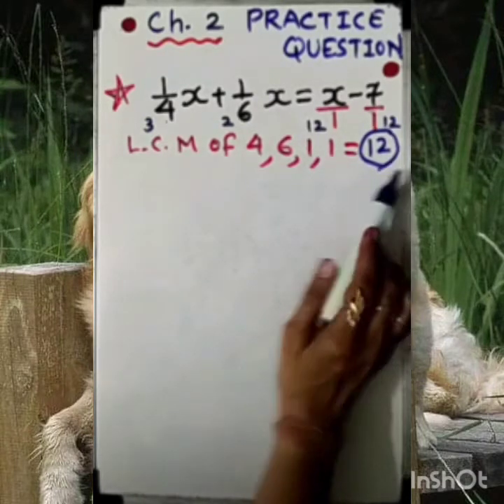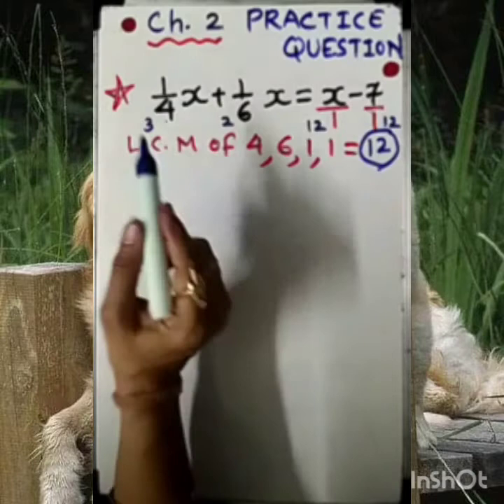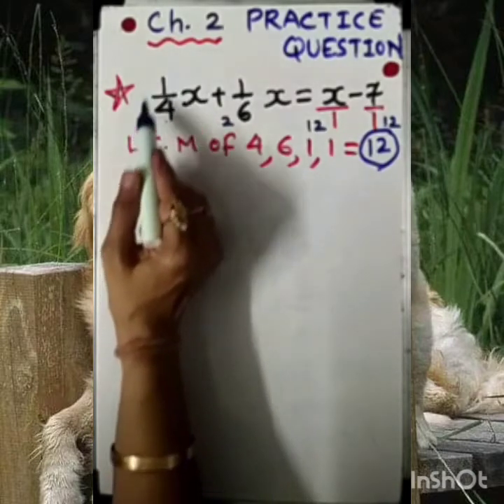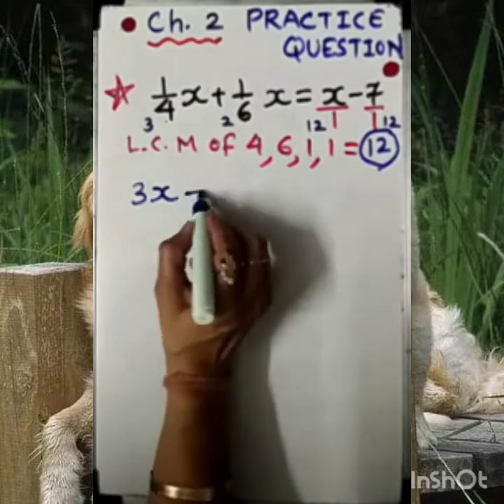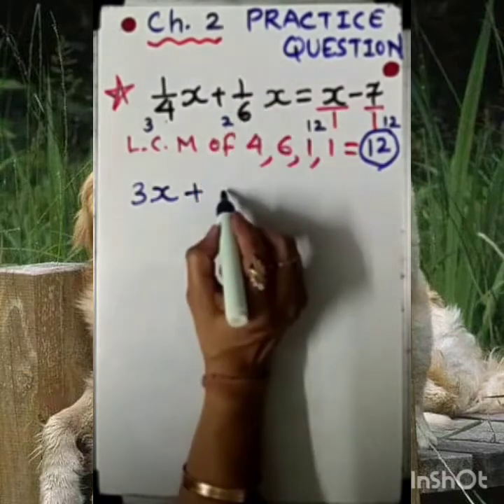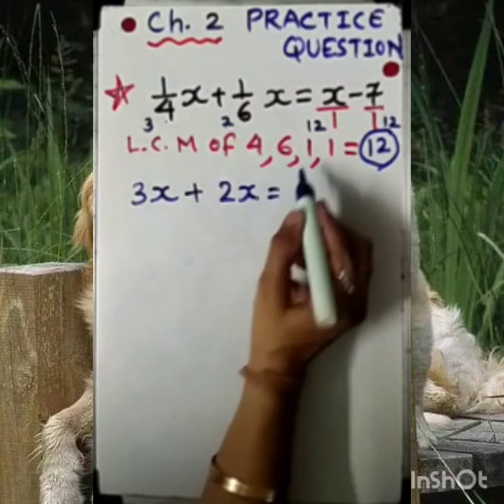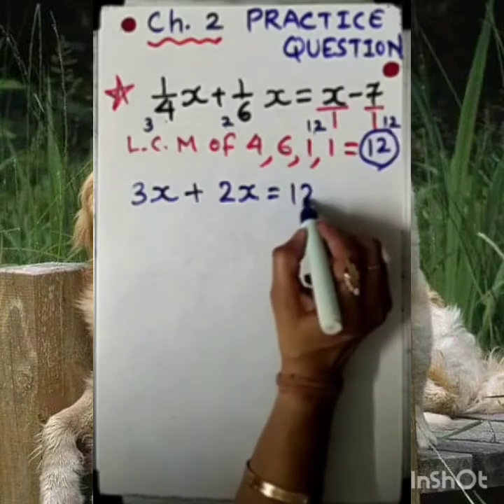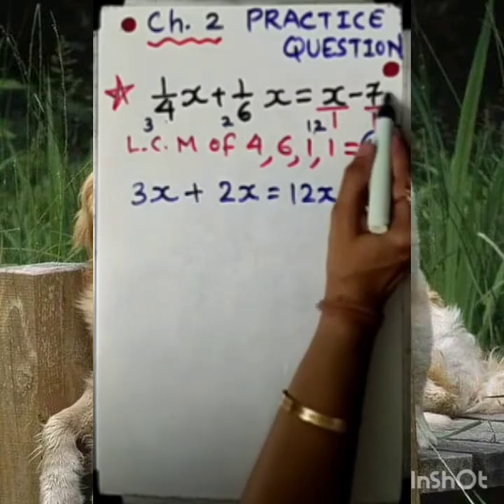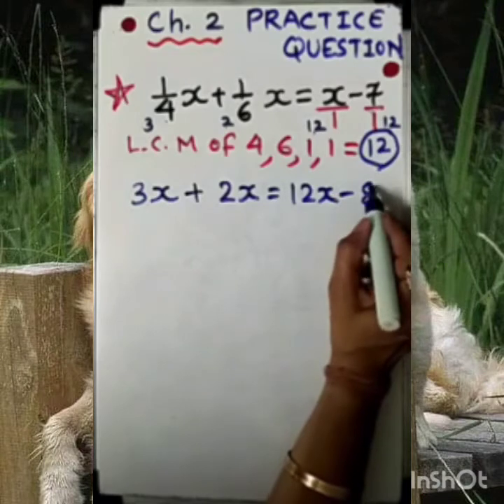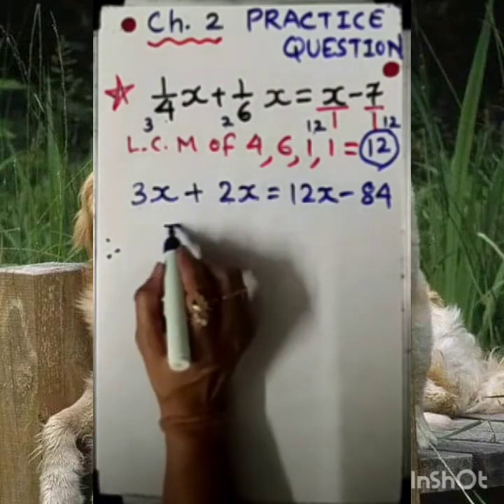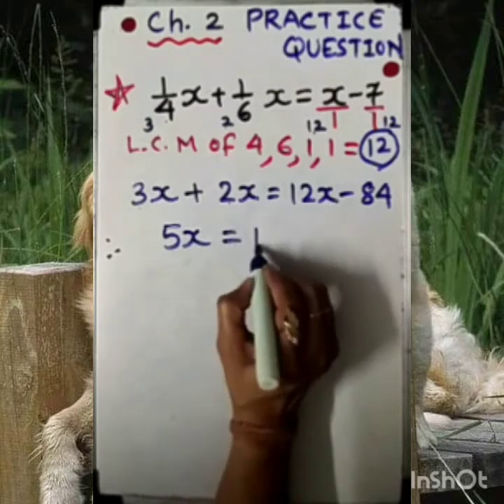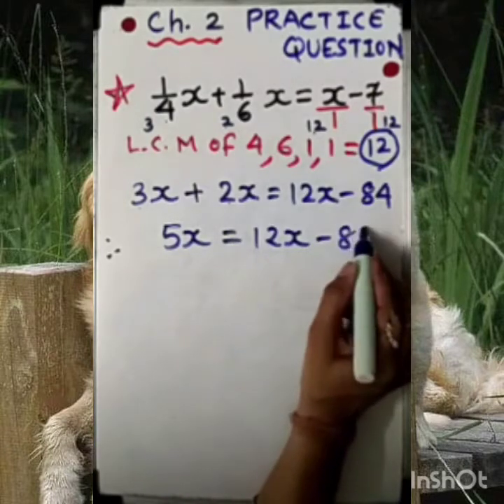Now with the same number I am going to multiply the numerator. 3 1s are 3, so it is 3x. Plus 2 1s are 2x. 12 into x, 12x, minus 12 7s are 84. So dear student, 3x plus 2x is 5x equal to 12x minus 84.